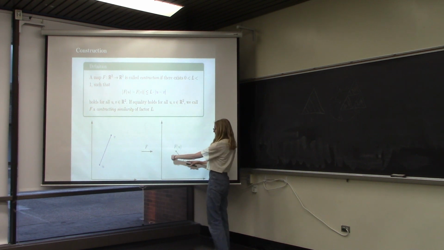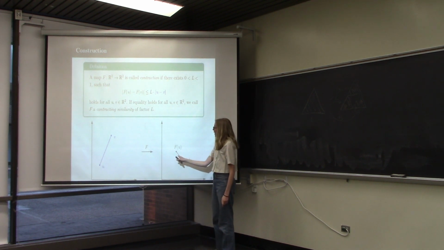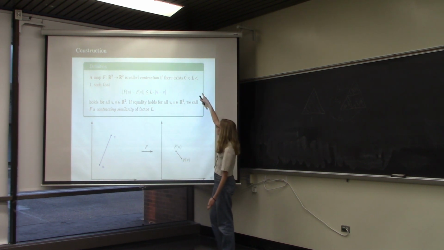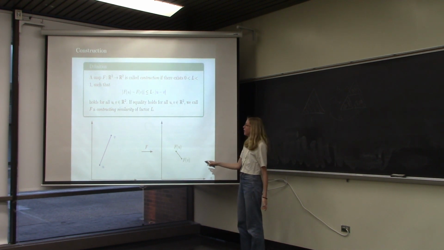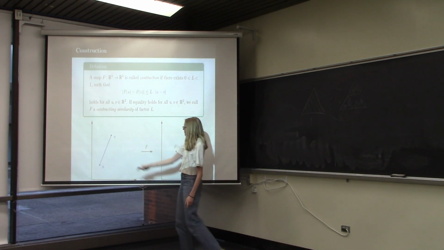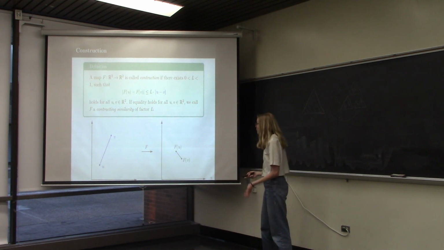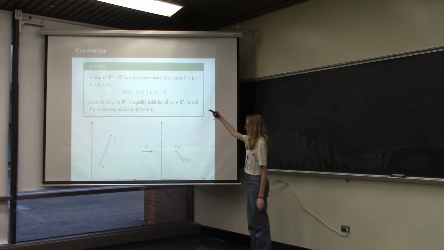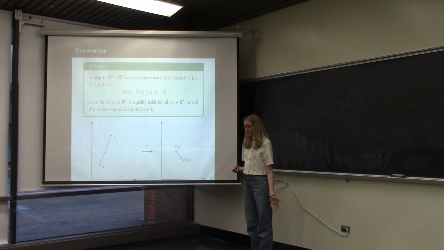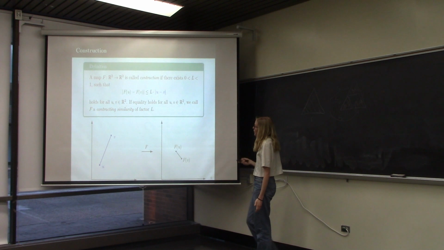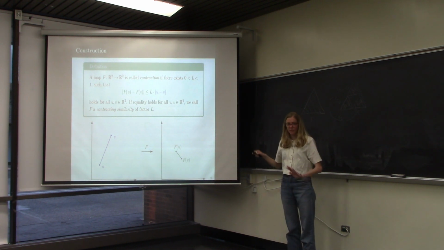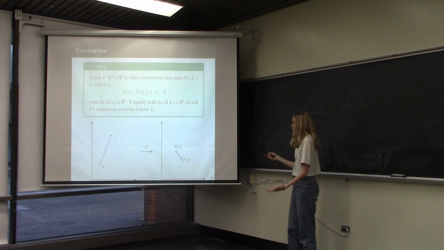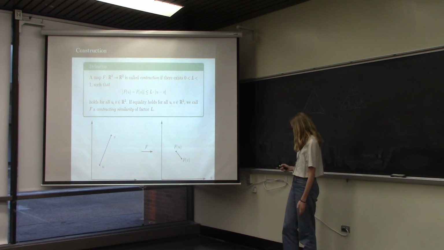So we want that this distance here is strictly shorter, because we choose L strictly less than 1, than this distance here. That's why it's called contraction. Now, if we have an equality there, then we call it a contracting similarity. And this will be important later on. So the concept is clear: we just shorten all the distances by some factor.